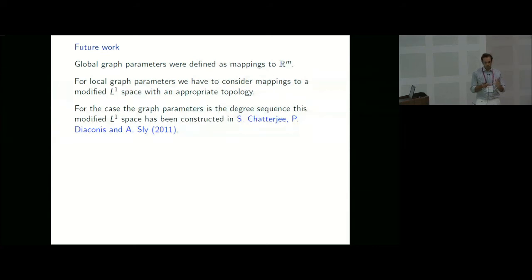Because your parameter grows as your graph grows, in the limit you get something like an L1 function in some sense.